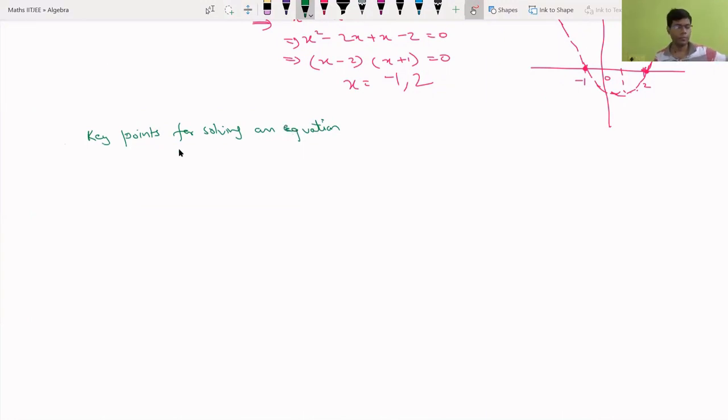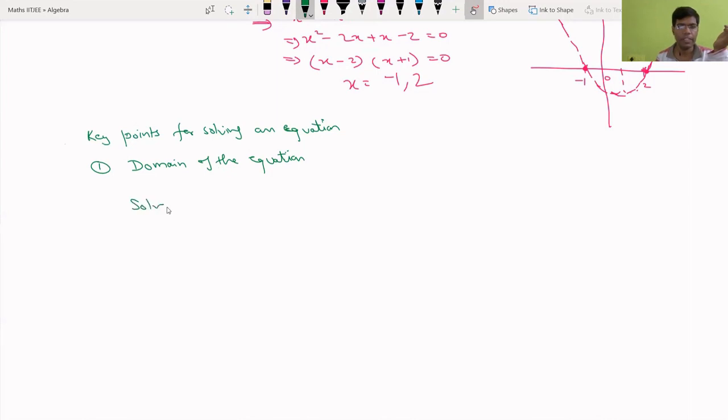The first thing which we have to take care of while solving the equation is the domain of the equation. So the final solution, whatever we are getting after solving for x, must satisfy the domain of the equation. So this is what we have to take care of.